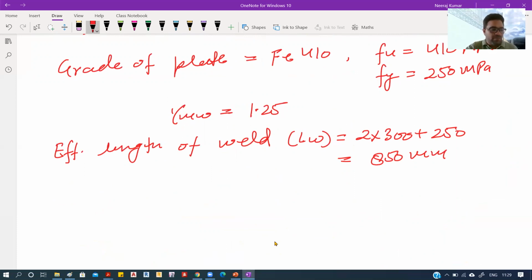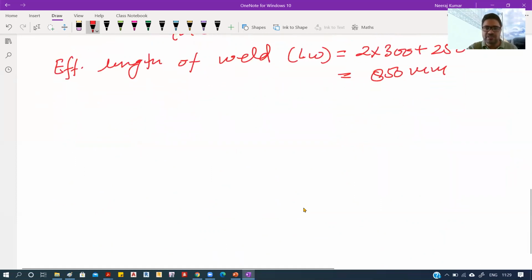Now effective throat thickness is already calculated. Now we need to find out the design strength of fillet weld, or design strength of the weld.